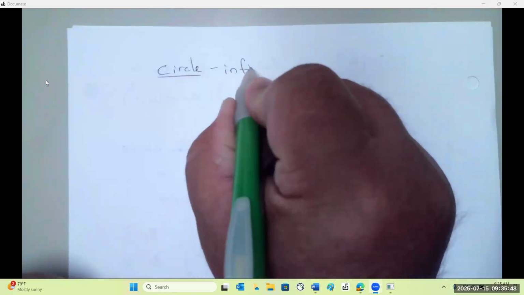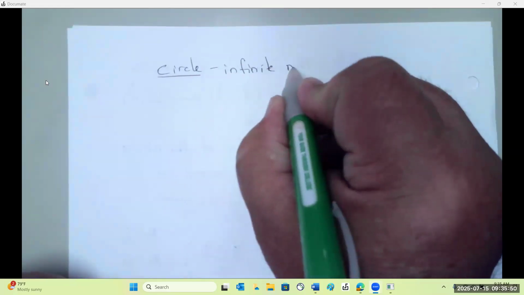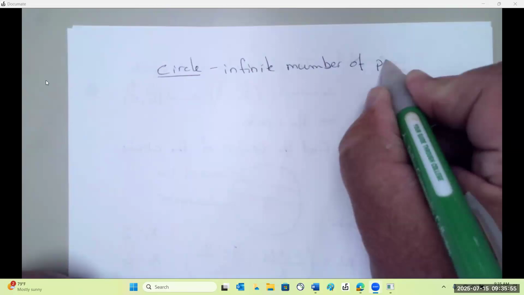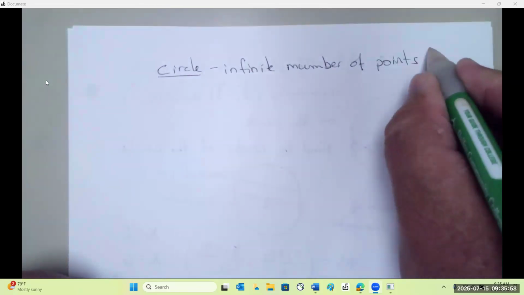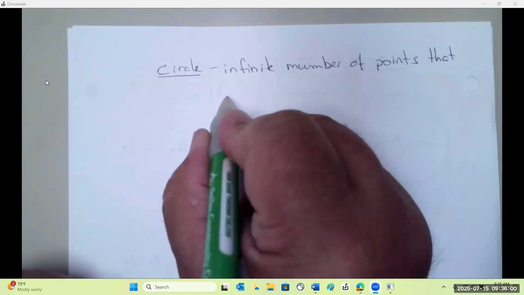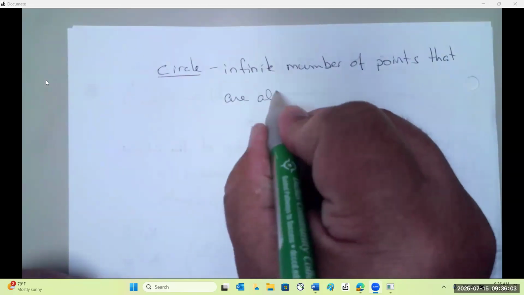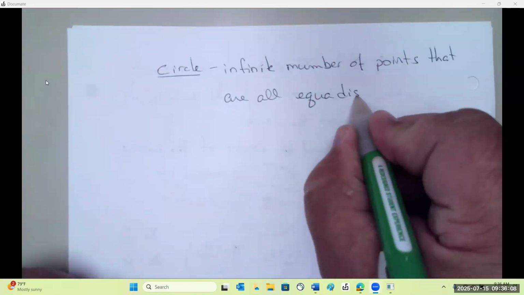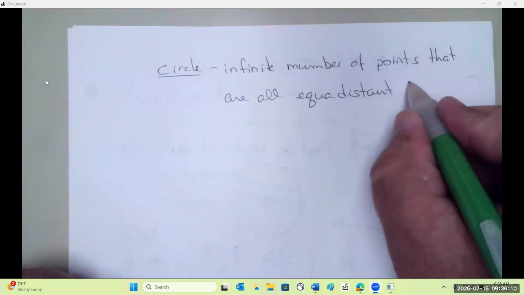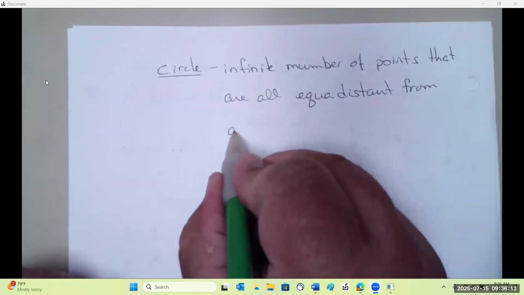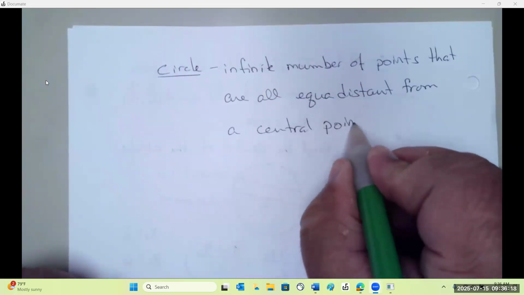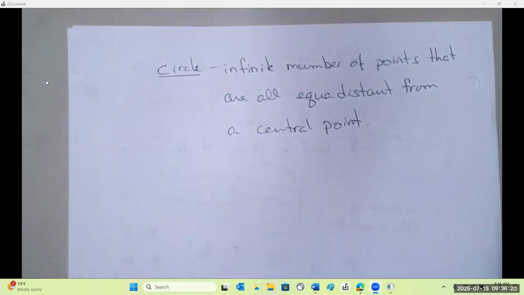A circle is an infinite number of points that are all equidistant from a central point, central location.